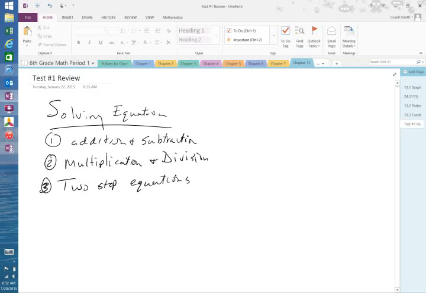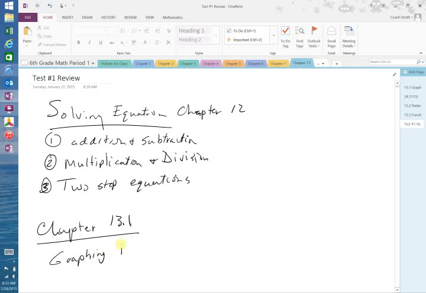So this was chapter 12 that we did with the worksheets. And then we'll also have chapter 13.1, which was graphing in the coordinate plane.